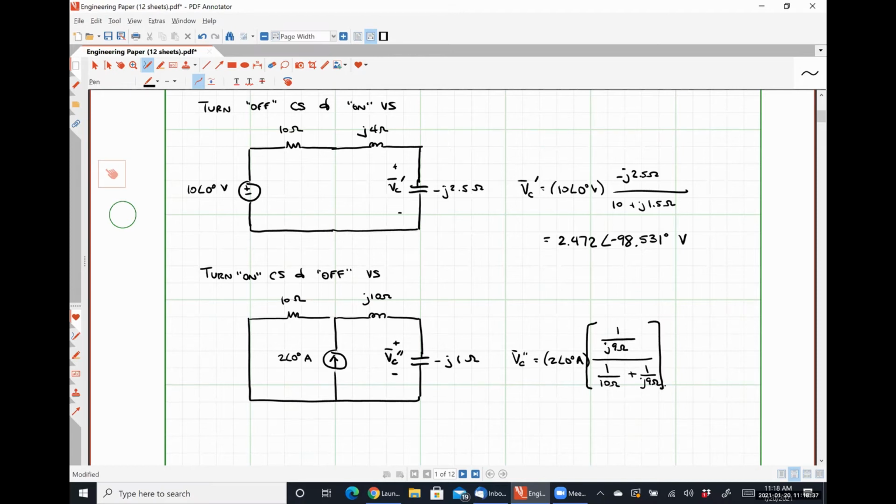That gives me the current flowing through the right-hand branch, and then I multiply that by minus J1 to give me the voltage drop. So that's current division and Ohm's law wrapped up in one single equation so that we can do less work.